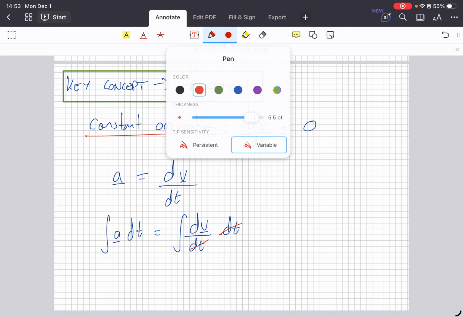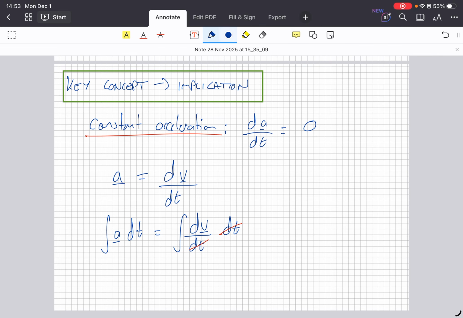And we end up with an integral with respect to v. We can also put in some limits on this. So our acceleration between our two different times, well, time changes between, say, time equals 0 and some final time, let's call it t prime for now, but we'll change back to t later on. And our v here varies between some initial velocity, let's call it v0, and some final velocity, let's call it v1.